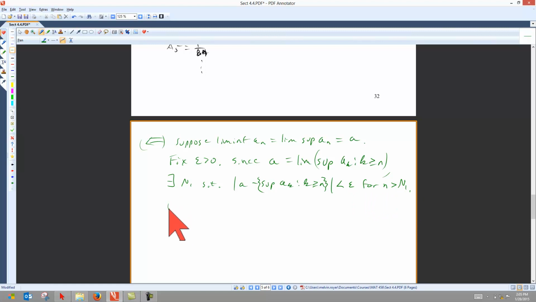What that says is that the supremum of the a_k's for k greater than or equal to n is less than a plus epsilon. The difference between these two, the a and the supremum, is less than epsilon, so the supremum is less than a plus epsilon for n large.